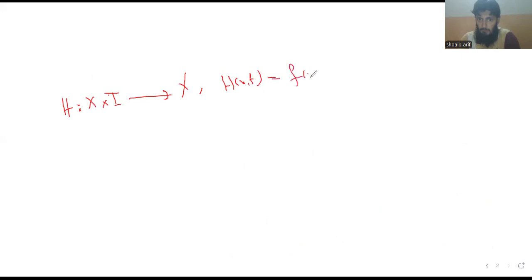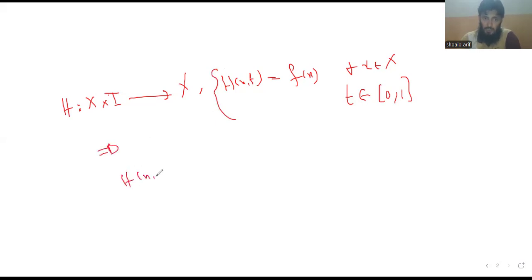Let H be a continuous map from X cross I to Y, and define H of x comma t equal to f of x for all x belonging to X and for all t belonging to [0, 1]. This map gives our requirement.